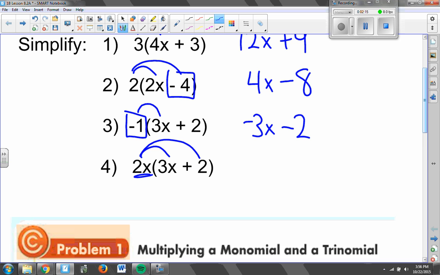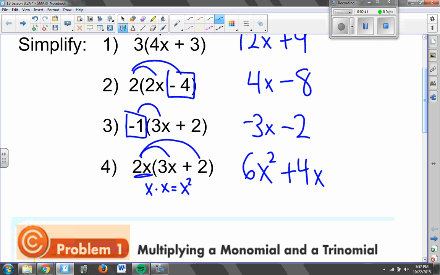Well, 2 times 3 is 6, and hopefully we know that when we do x times x, that is x squared. So this is 6x squared. And then 2x times 2, I'm going to have plus 4x. So 6x squared plus 4x.